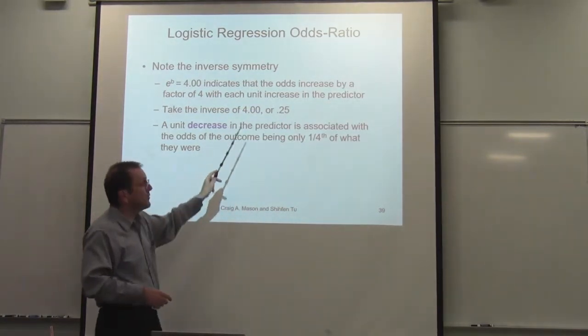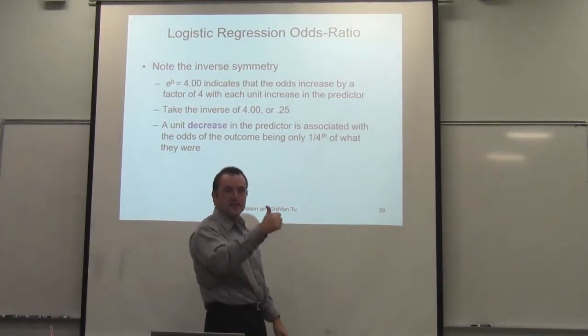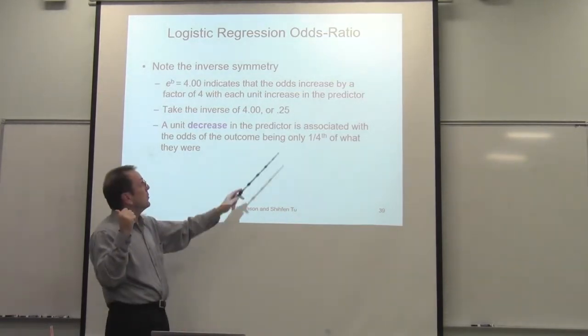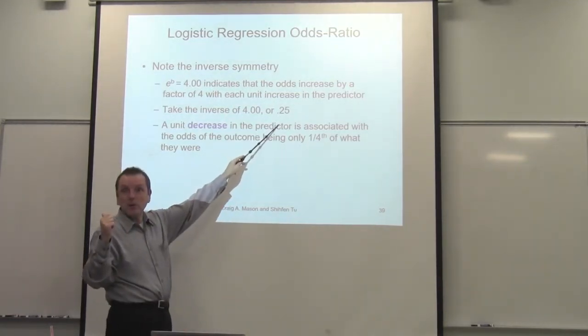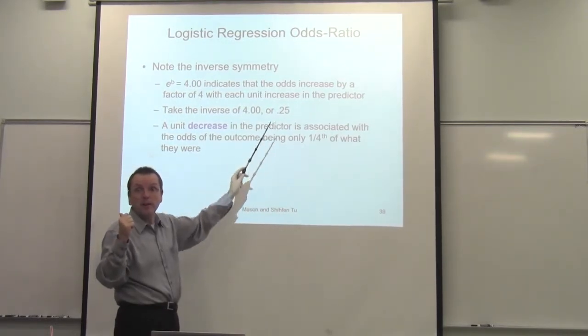If we take the inverse of 4, or 0.25, a unit decrease going the other direction will cut it to 25%. We'll cut it by a factor, divided by 4, or multiply it by 0.25.